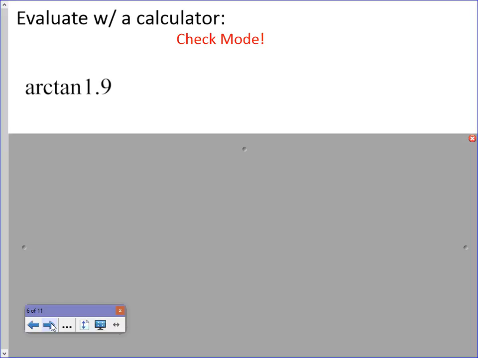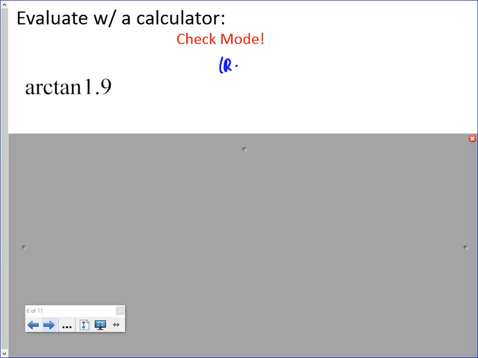Now, I just want to say really quickly that there will be some questions on your homework that ask you to do inverse trig functions in the calculator. And what I will say about this is check your mode. The book makes a short mention of this in the text for the section. Basically, when you do inverse trig functions, your default mode should be radians. Okay, so when I say check mode, I mean you should give me a radian answer.